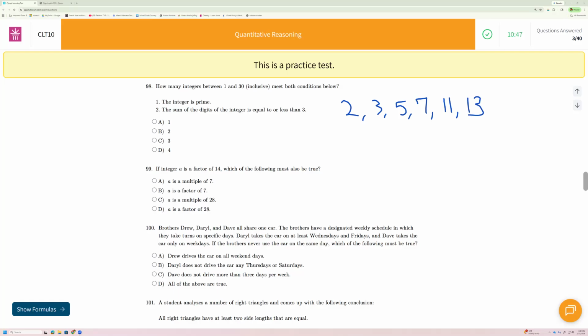So this is saying the sum of the digits. So, okay, what are all the digits of these numbers? So 0 plus 2 is equal to 2.